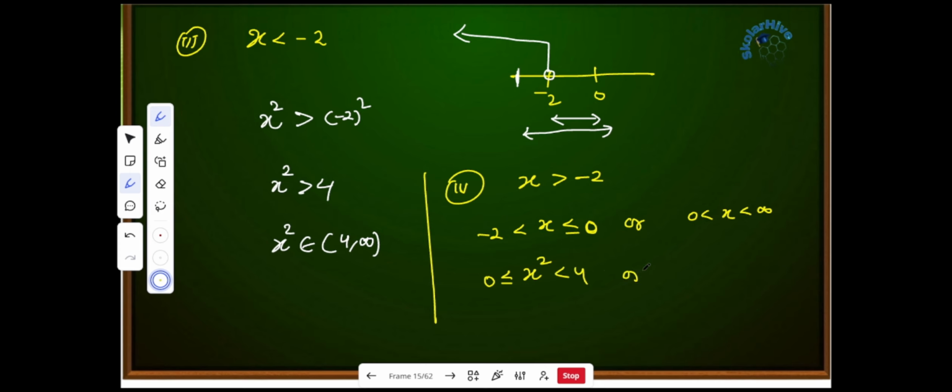Over here the same thing will come, like 0 square is 0 and infinity square will be infinity. So x square lies between 0 to infinity. So by taking the union of both these, this is 0 to 4 and this is 0 to infinity, here 0 is included, so x square value will belong from 0 to infinity.